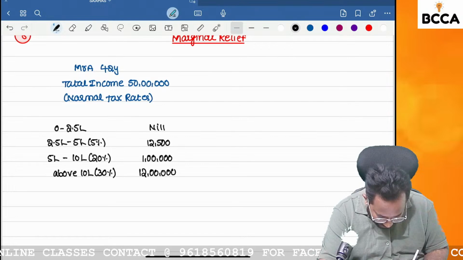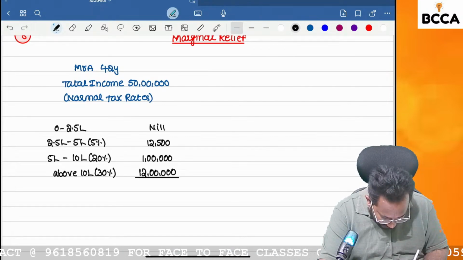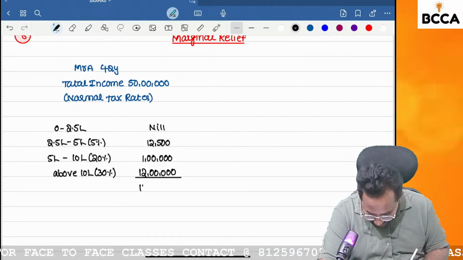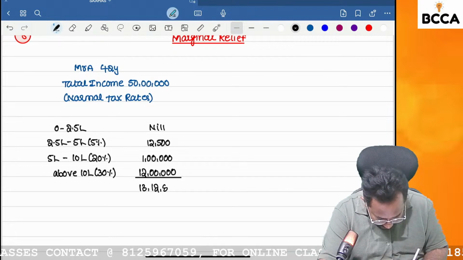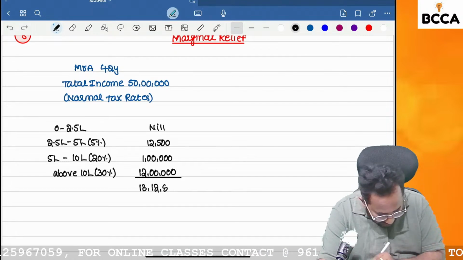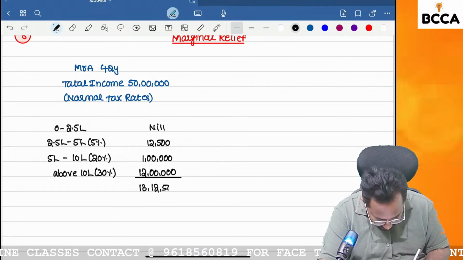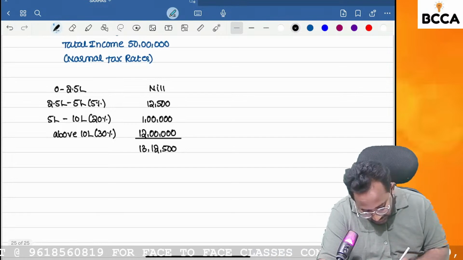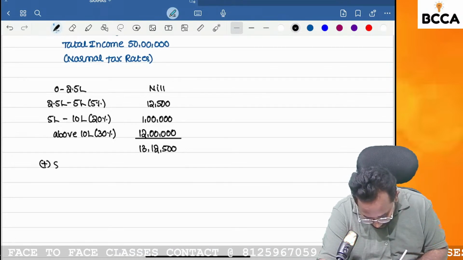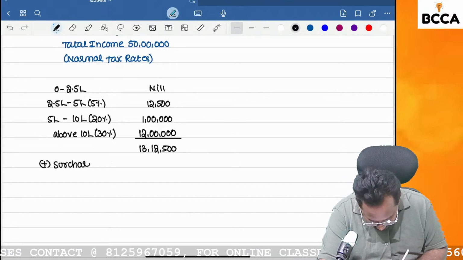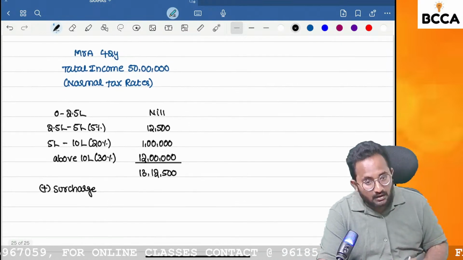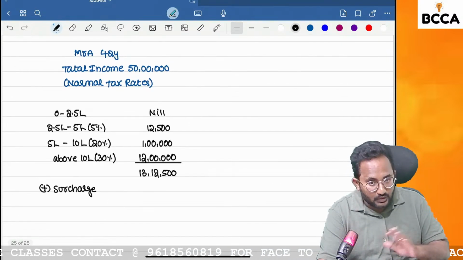If you add all the things, you will get 13 lakh 12,500. Can you tell me, is there any surcharge we have to add? No. What is the reason? If income is 50 lakh or less than 50 lakh, no need to add the surcharge.